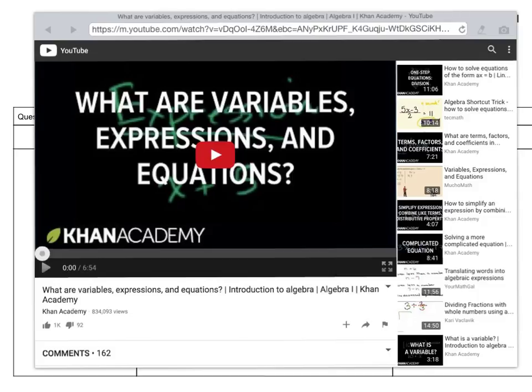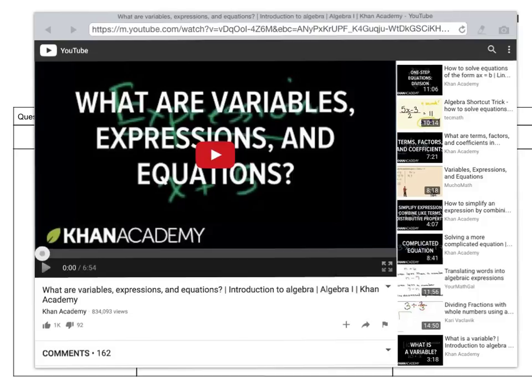An equation, you're essentially setting expressions to be equal to each other. That's why they're called equations. You're equating two things. You'll see one expression being equal to another expression. So for example, you could say x plus 3 is equal to 1. In this situation, where you have one equation with only one unknown, you can figure out what x needs to be, and you might even do it in your head.